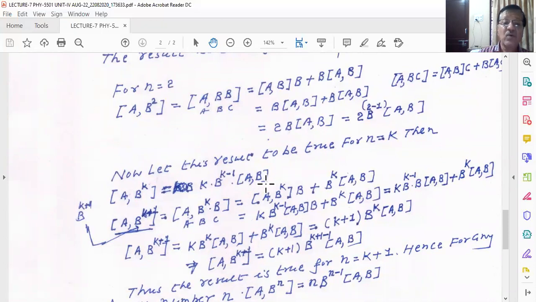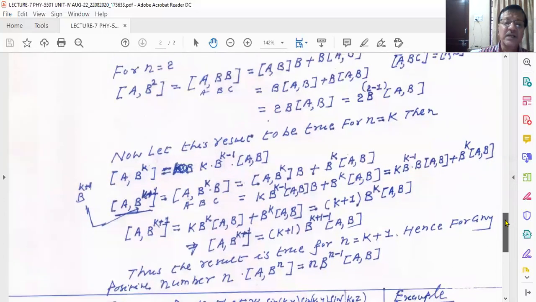Okay, now let us consider to derive this for n equal to k plus 1. Now I take the operator A and take it with the operator B to the power of k plus 1.